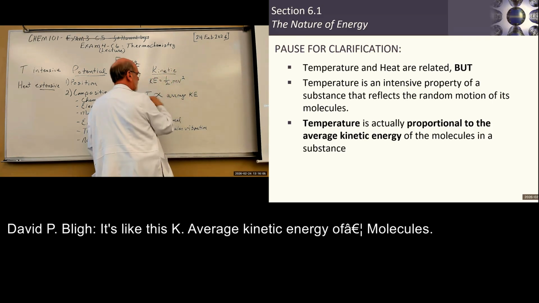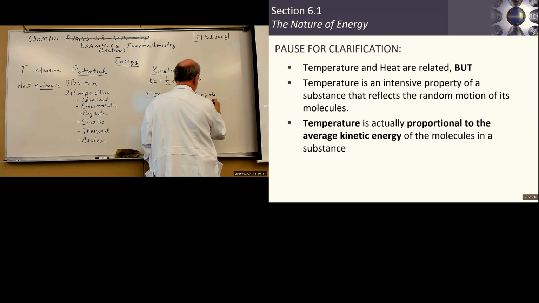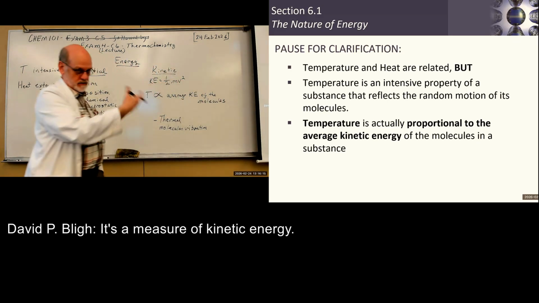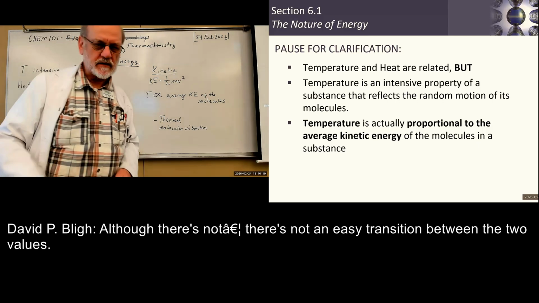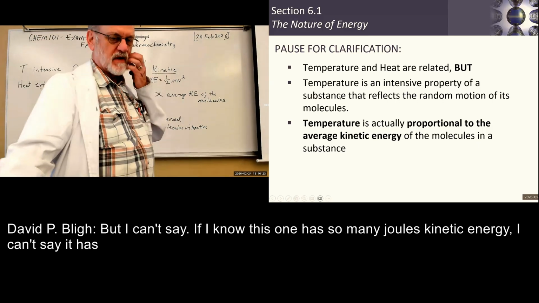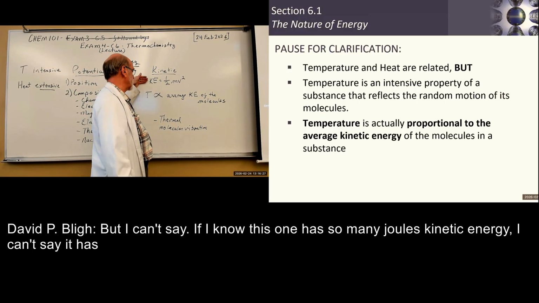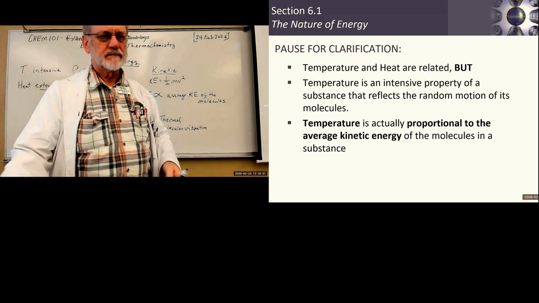Let's make this K. Average kinetic energy of the molecules in any substance. It's a measure of kinetic energy. Although there's not an easy transition between the two values. Right? I can't say, if I know this one has so many joules of kinetic energy, I can't say it has so many degrees temperature.